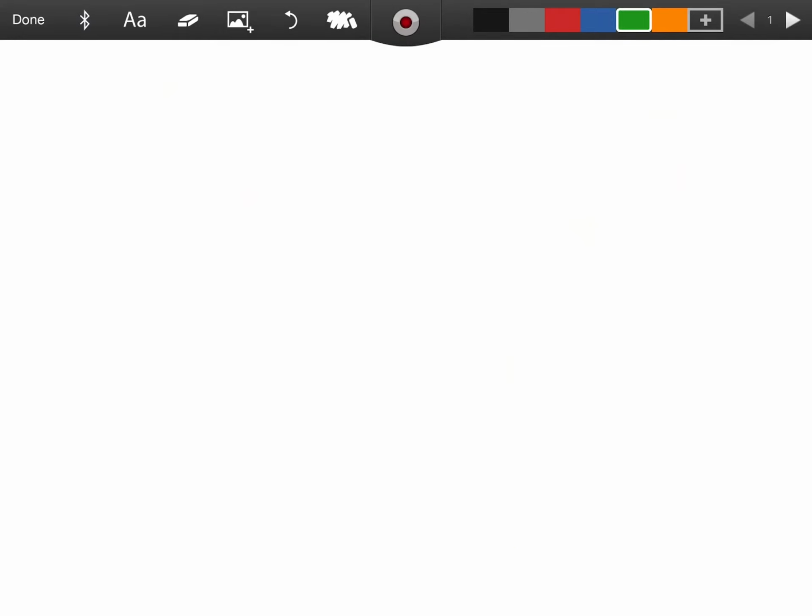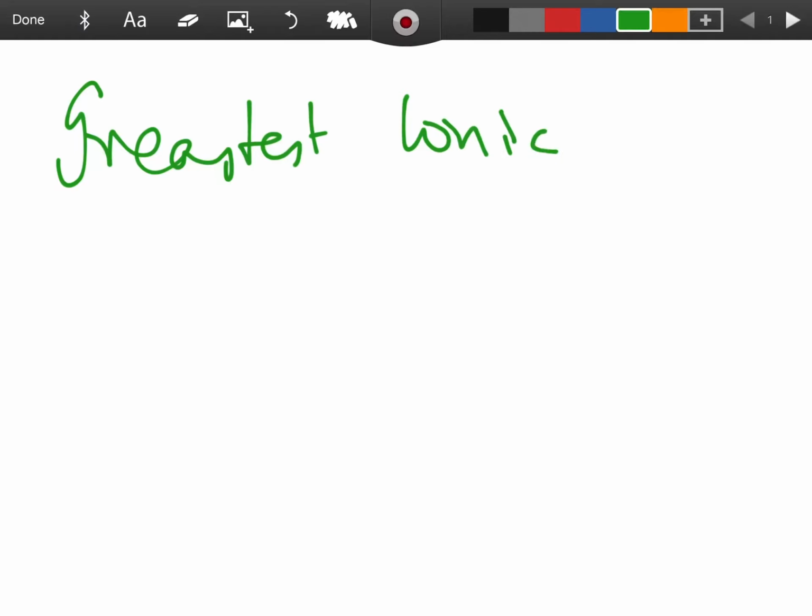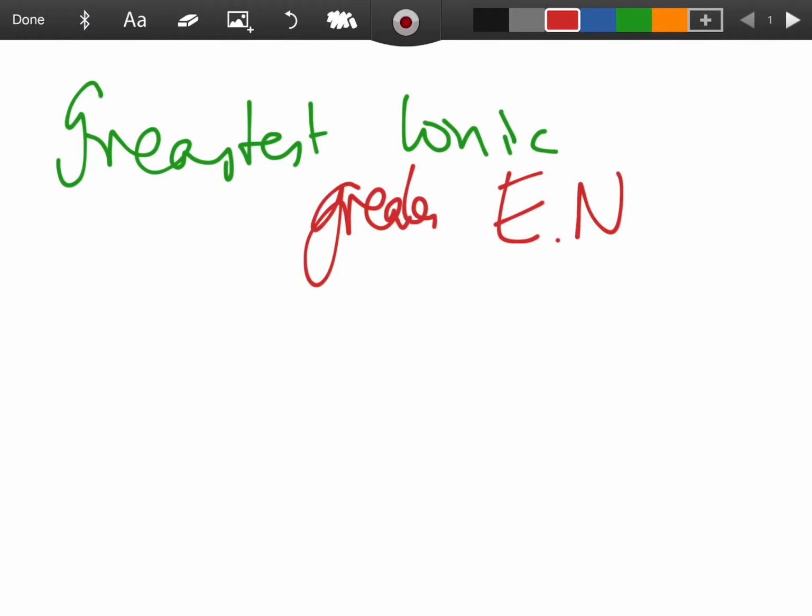The last part then, it said which of the first 36 elements would form the compound that you would expect to have the greatest ionic character. Now, you want to find the greatest difference in electronegativity, okay? So if I was you, I would look at your electronegativity table, looking at the first 36 elements now, remember, and I would look for the element which is the most electronegative first.